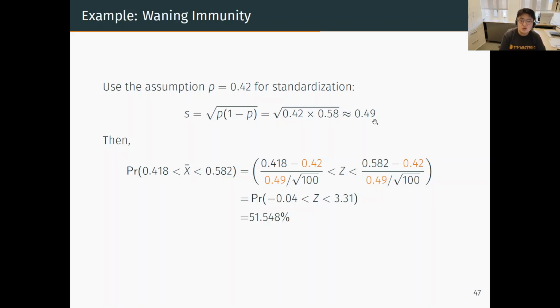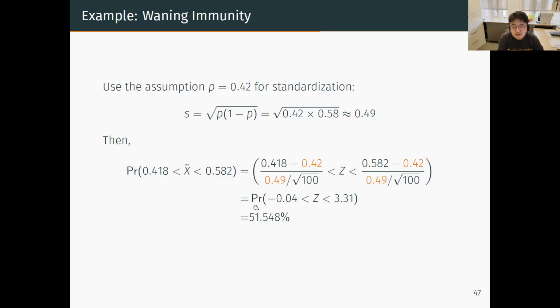Of course, we are going to use this new standard deviation to standardize the distribution of the sample average, right? Sample average is normally distributed, so its parameters depend on the new truth, like 42% for the mean and 0.49 for the standard deviation. So the mean is now assumed to be 0.42 here, and the standard deviation is 0.49. So we are using these for our standardization.